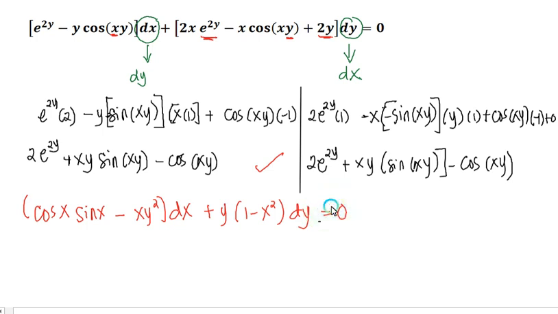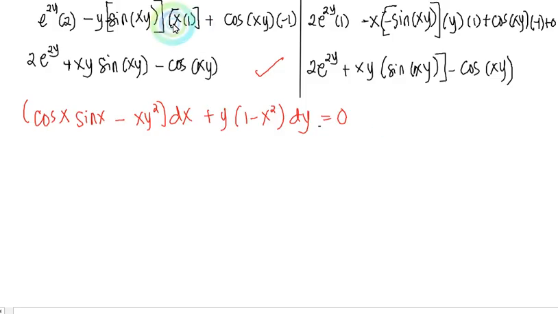Now, the first thing we need to do is to check whether this is an exact differential equation, because after performing the operation we will know whether or not this equation is exact.